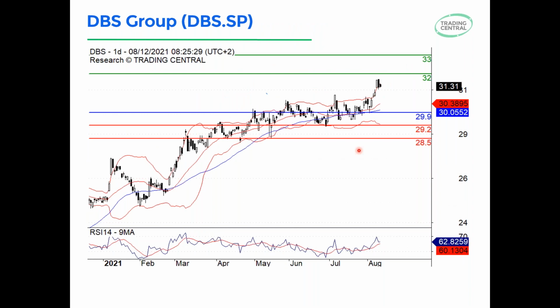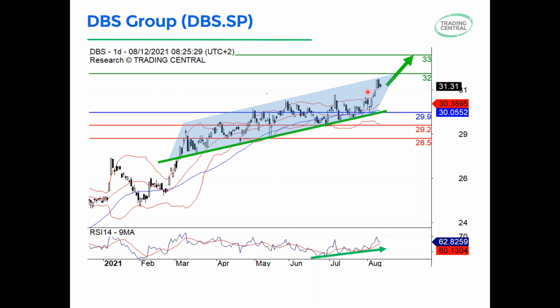Okay, needless to say, it is in a bullish configuration. Look at this. It is still trading within an upward, or we can say rising, or we can say a bullish channel. And we are looking for 32, 33 Singapore dollars for each stock. Well, in fact, you know what?